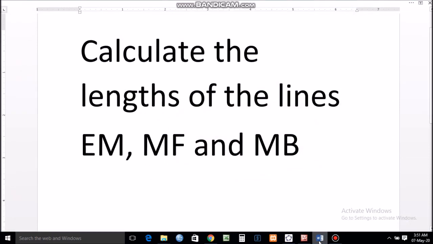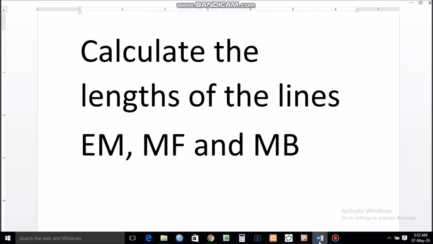Calculate the lengths of the lines EM, MF, and MB. Now, this will help to jog your memory on calculation of lengths of lines in 3 dimensions. That was just the concept we learned earlier. It is a prerequisite knowledge in this subtopic.